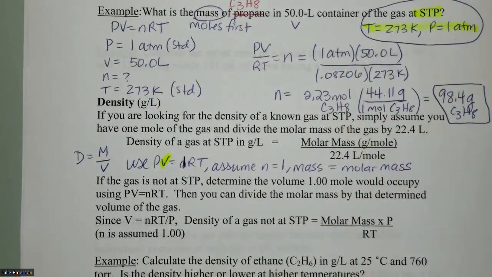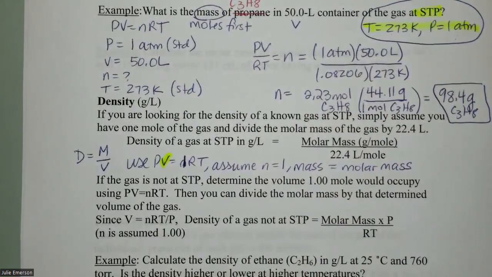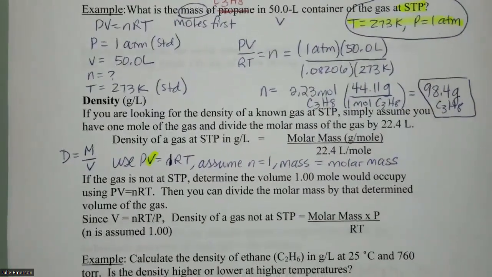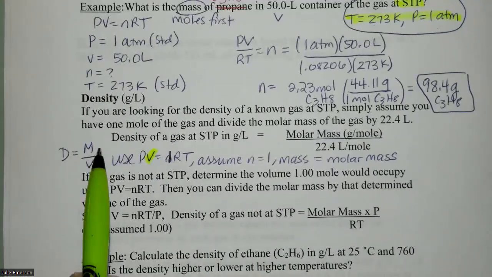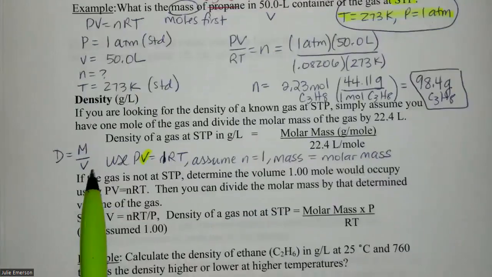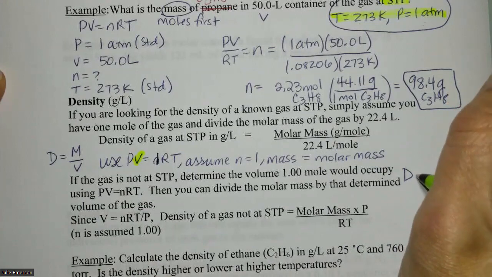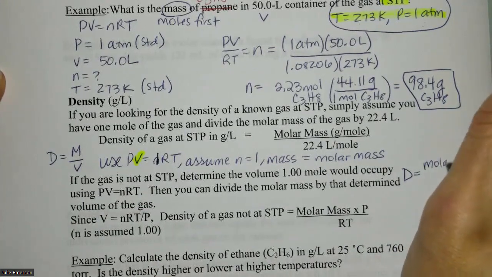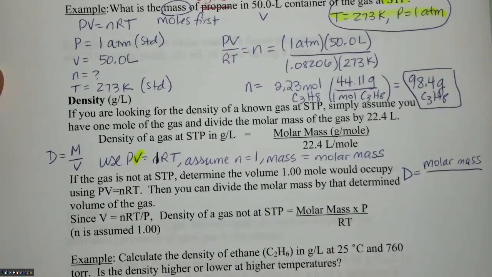And again, I don't like memorizing formulas. So the way I look at this, to make it what I think is simpler, is the density is mass over volume. That I already know. I've already memorized that. So what I'm thinking about here is because we're assuming 1 mole, my mass is going to be equal to the molar mass from the periodic table.